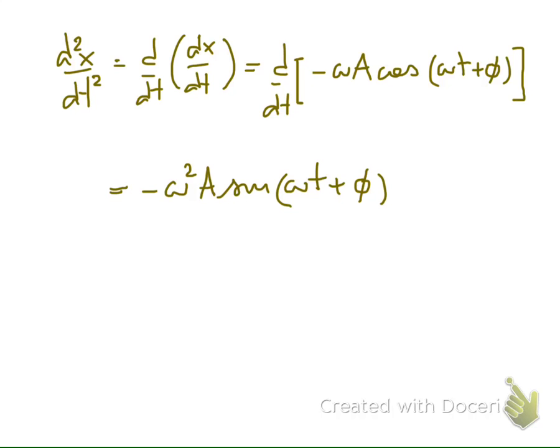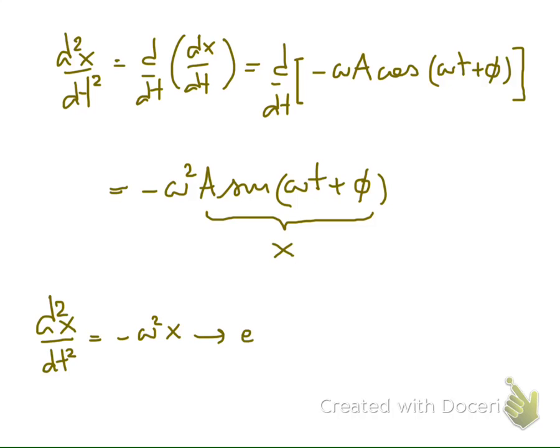But we know that a cos(omega t plus phi) is x. So what we have is that the second derivative of x as a function of t is equal to minus omega square x. And this is the equation of motion of our problem.